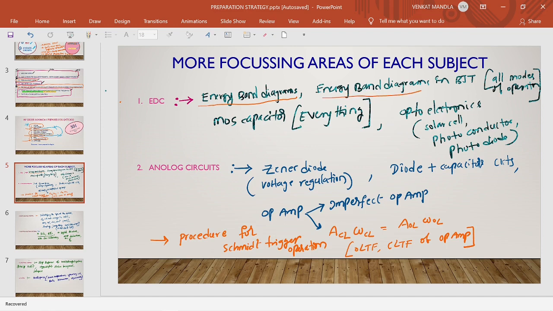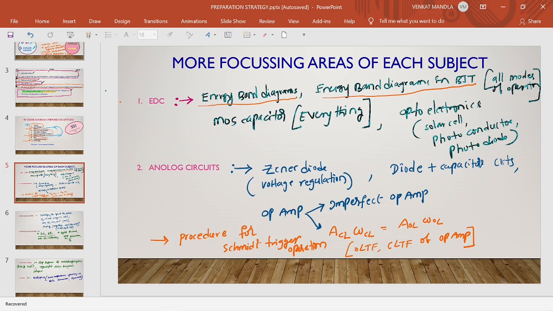And energy band diagrams in BJT. Most people forget to draw energy band diagrams in BJT, in all modes of operation. You have four modes: cutoff mode, forward active mode, reverse active mode, and saturation mode.